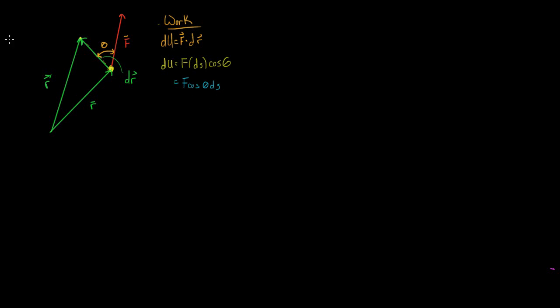When we think of it this way, we break this force into two components: a force that acts this way, and a force that acts along our direction of displacement, which is this way. And this component of the force vector is going to be F cosine of theta.